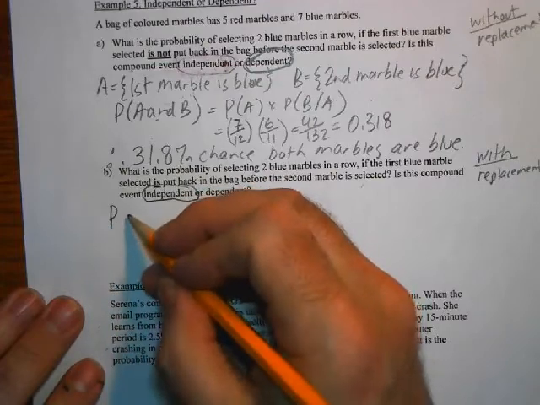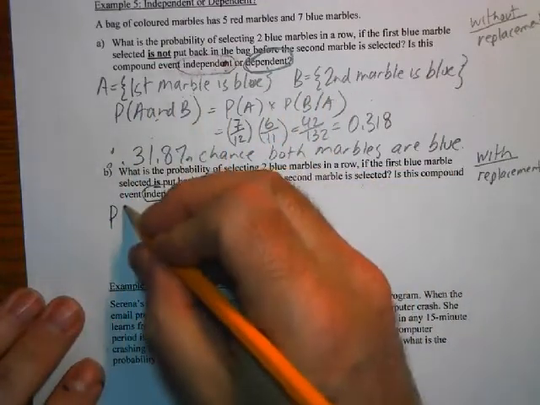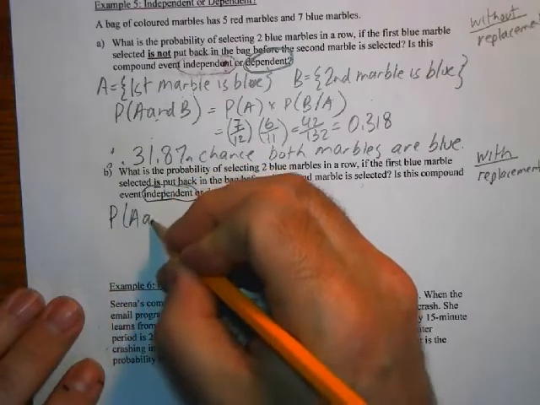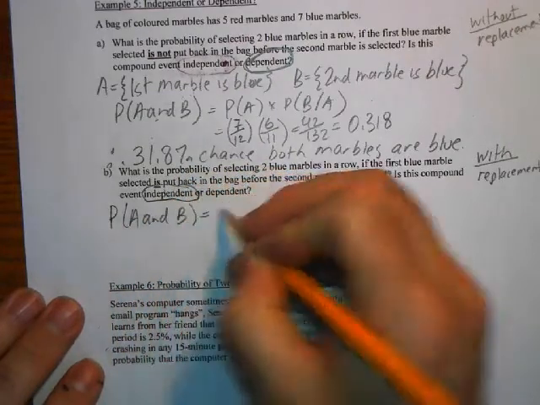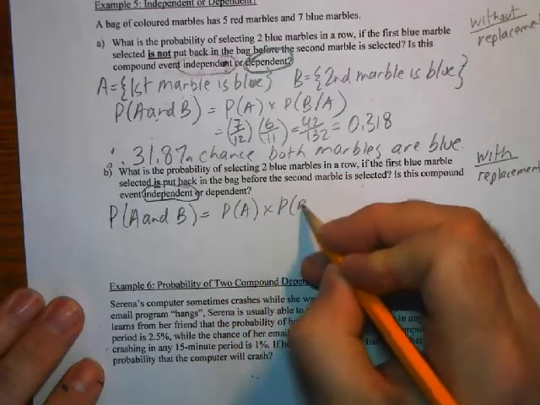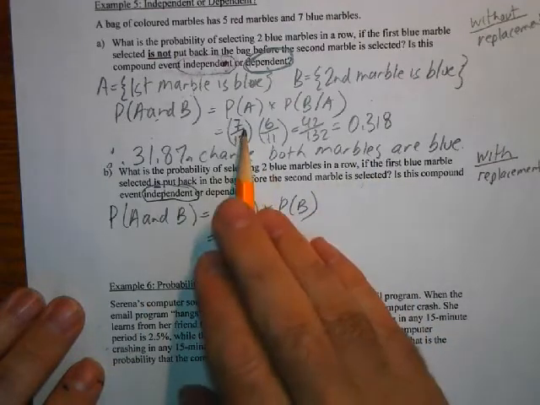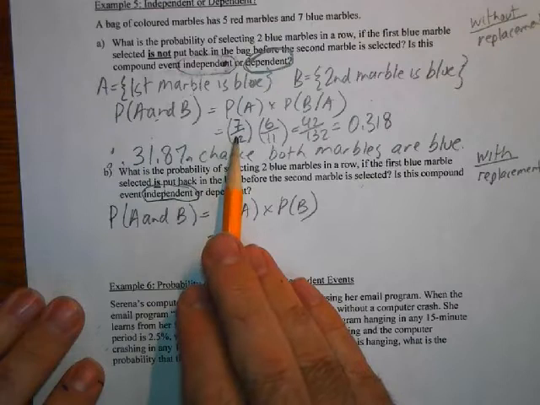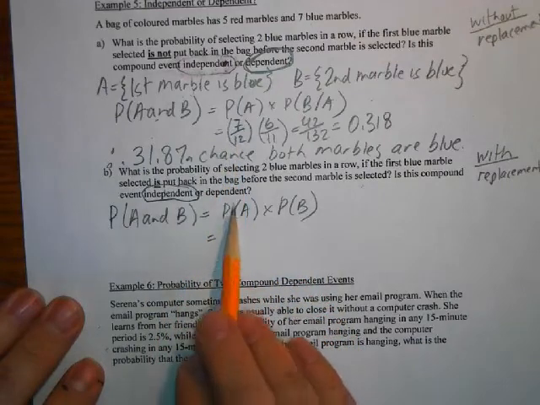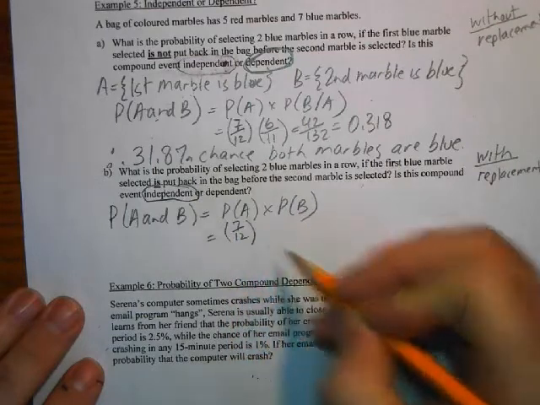So I'm going to use the same definitions for A and B. The probability of A and B happening, in this case, is the probability of A times the probability of B. Now, we've already talked about the numbers here. Just like the previous example, the first pull we have a 7 in 12 chance of getting a blue marble, as before.